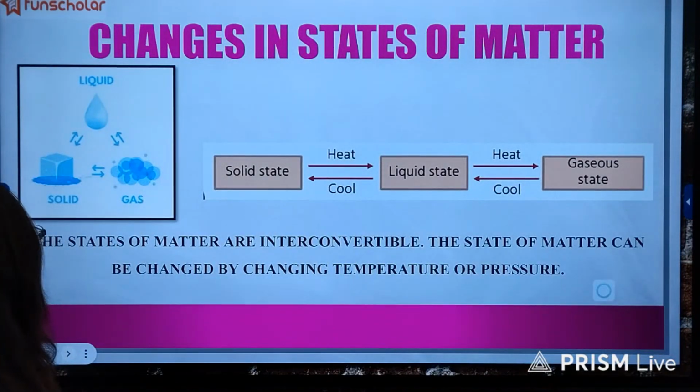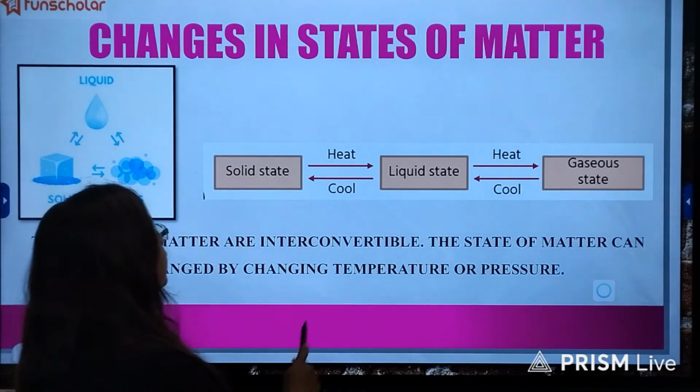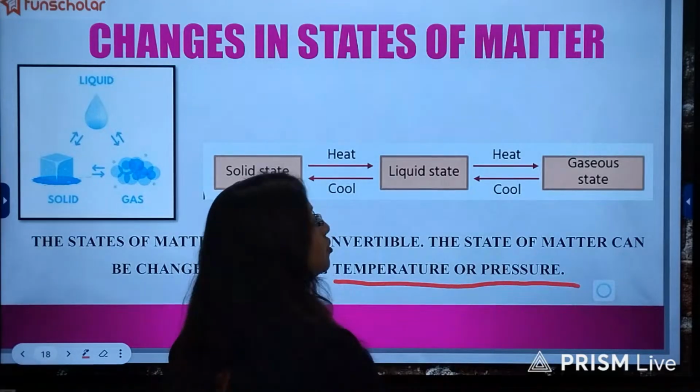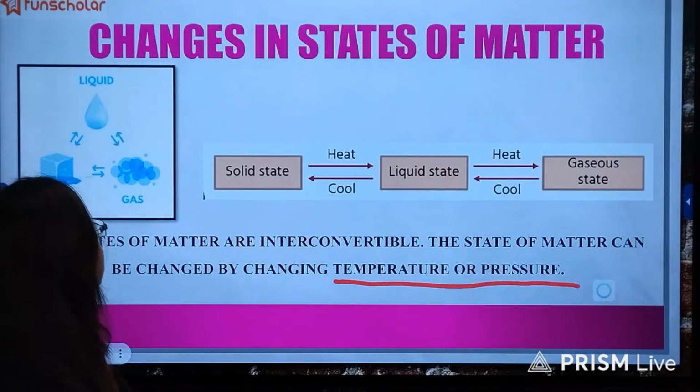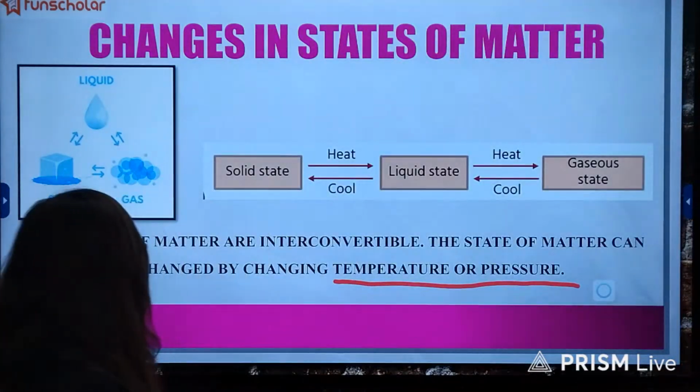So here is a briefing, or you can say a summary, of how this is happening and how we can change it: if we pressurize it or give temperature to that state of matter, it can change into another state of matter.